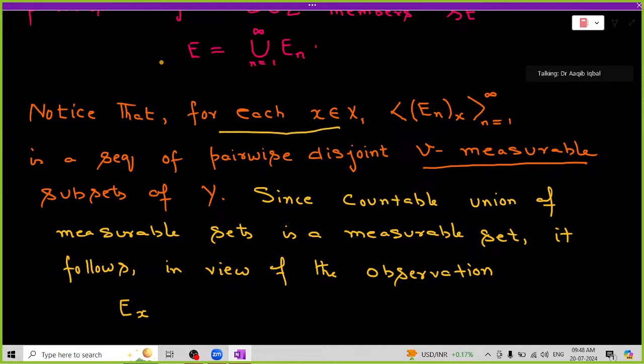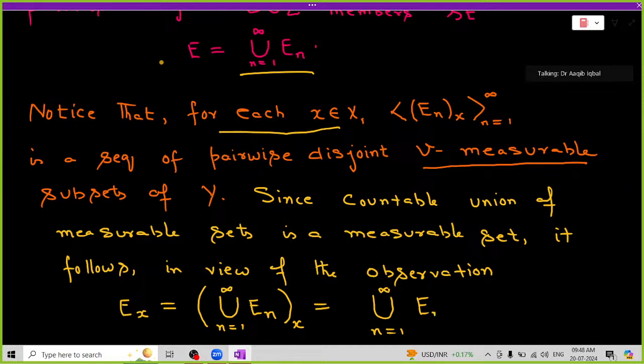If you take the x section of E, what will be this? What's E? E is the union, so therefore it will be actually the x section of this union, union n runs from 1 to infinity, En x section. और वो जो कल मैंने आपको एक्सरसाइज दी थी, एज पर दैट दिस इज इक्वल टू यूनियन n runs from 1 to infinity x section of the ENs.